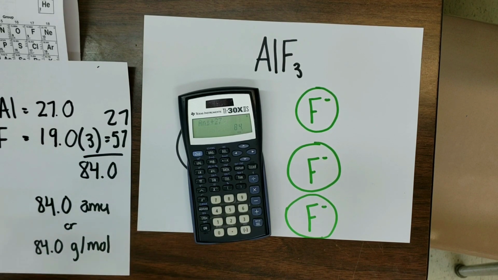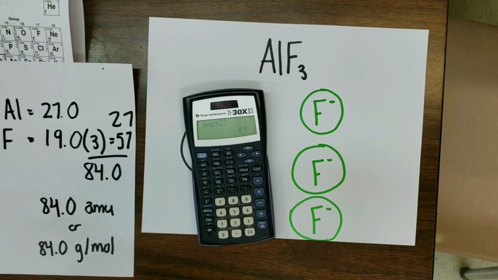A gram is a unit of measurement we use in the lab, and a mole is the quantity of particles that you will need to have exactly a measurable number, in this case 84 grams of the substance. We'll talk about moles later.